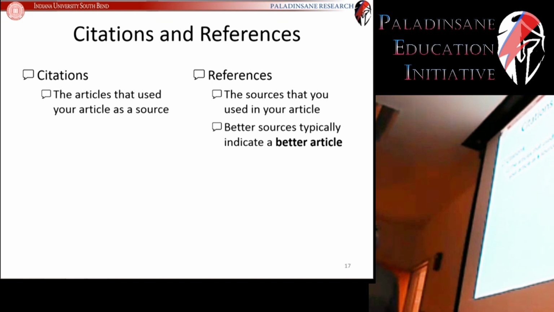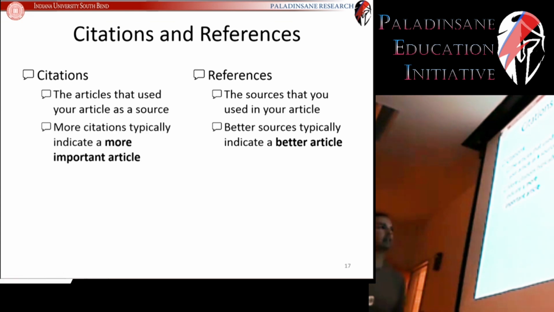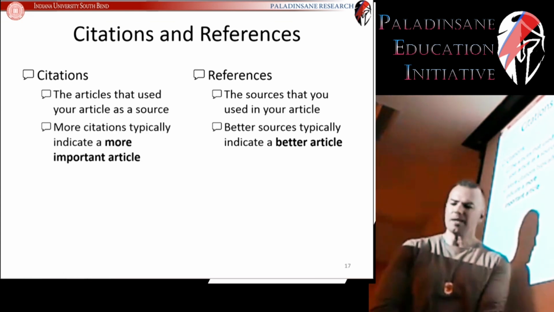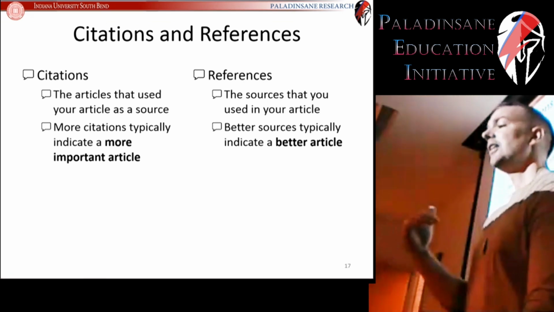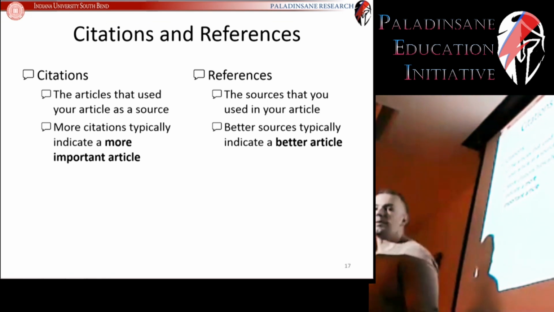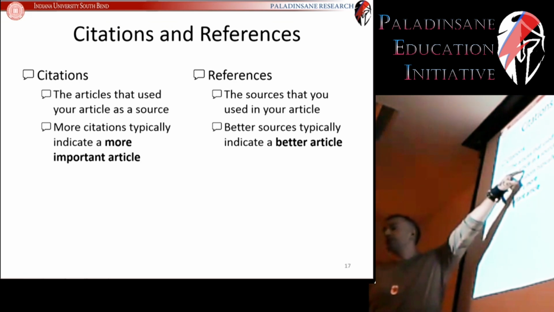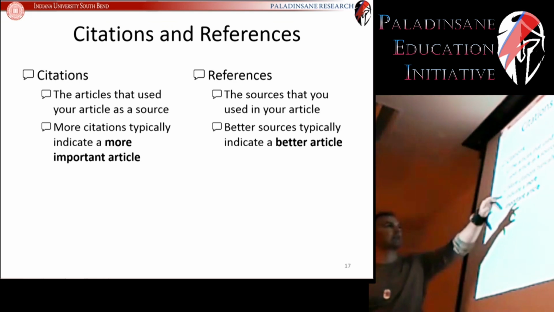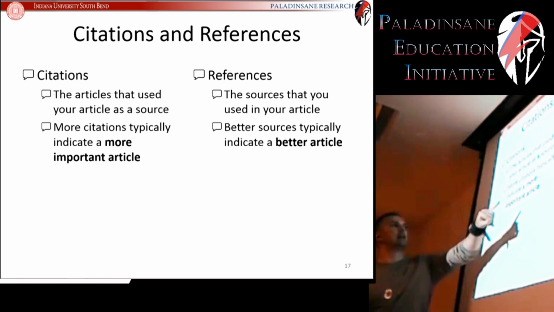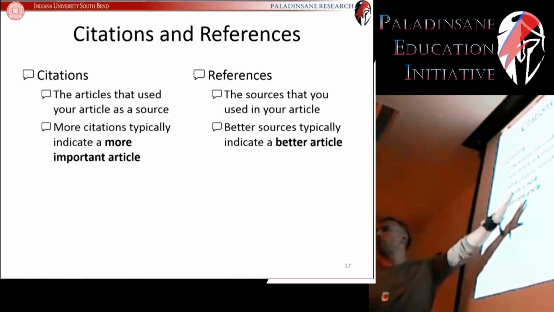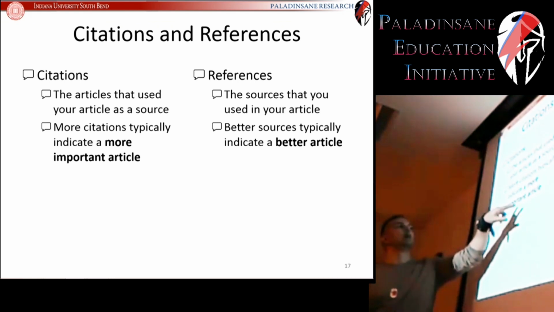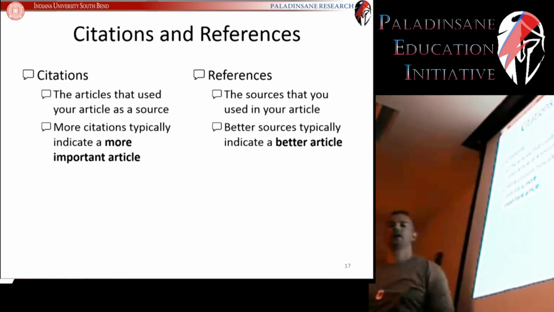So references can help you navigate, and then citations can also help you navigate an area, and they're extremely powerful because if you can use citations to search for your articles, and we'll see how to do that on the library visit, the more citations typically indicates a more important article. Important is a big word there.